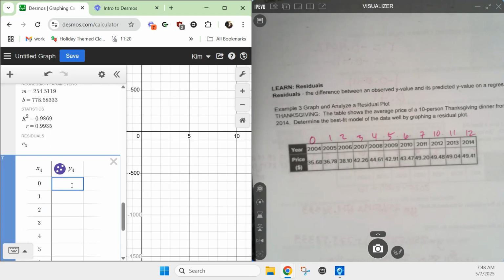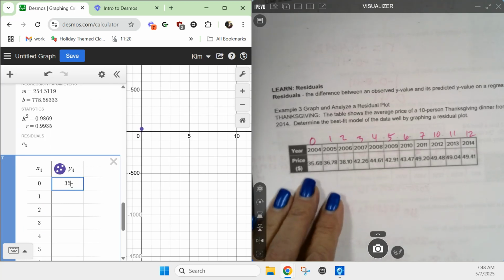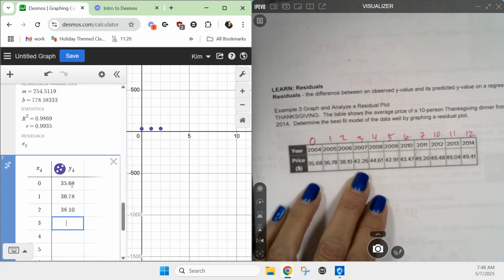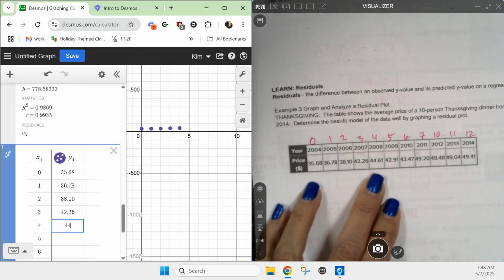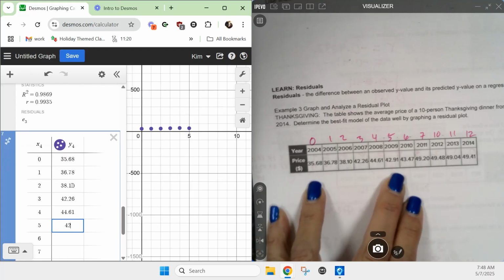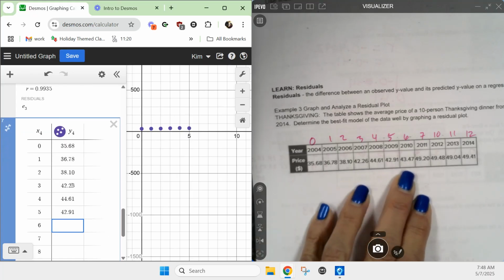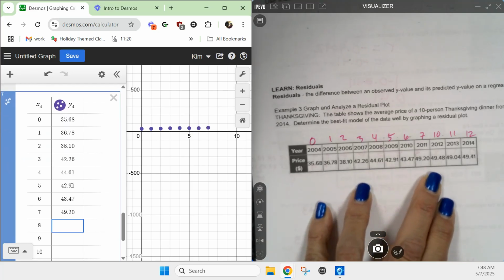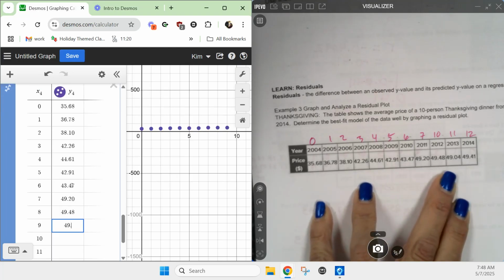Then here I can just put in 35.68, 36.78, 38.10, 42.26, 44.47, 49.20, 49.58, 49.49, and 49.41.